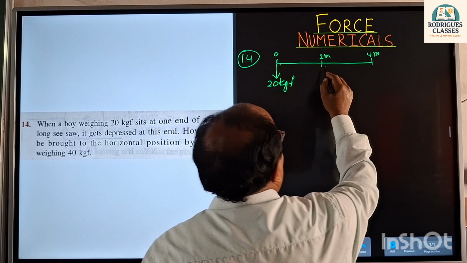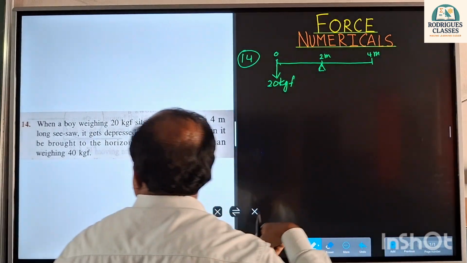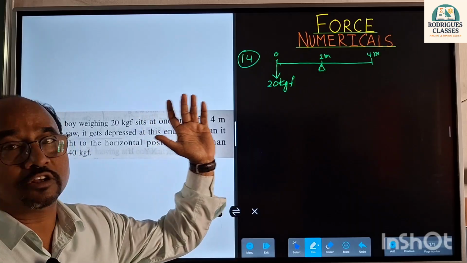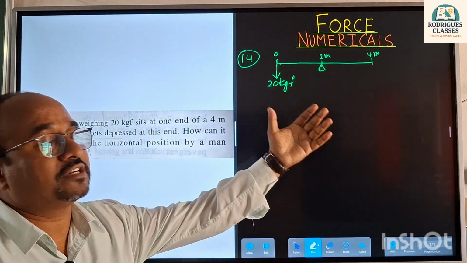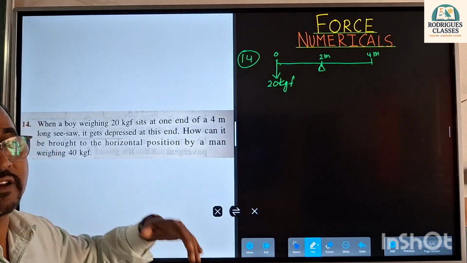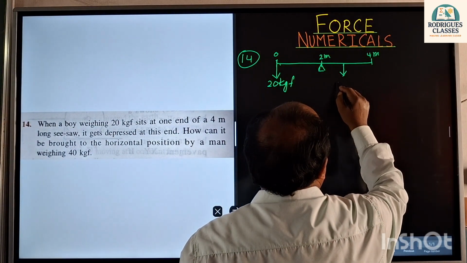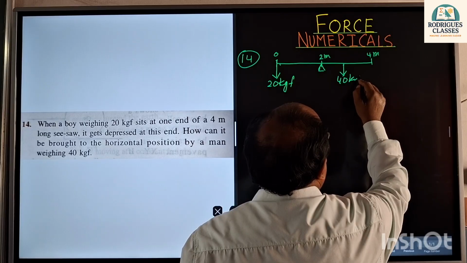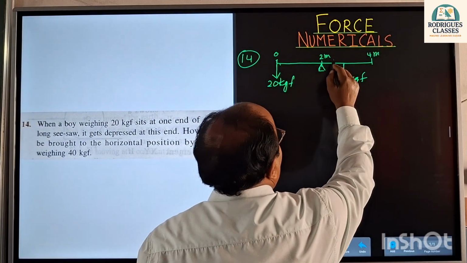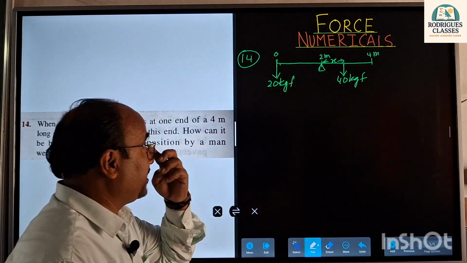Okay, this is the balance point, the middle point is the balanced point, and now the man has to sit on the other side. Surely if he sits at the end, complete end will not get balanced because his weight is 40 kgf, he is heavier. So I am taking it that he is sitting somewhere over here. Okay, and as usual, I will take that distance to be x. From here till here is x.